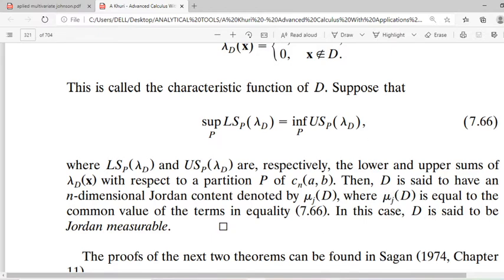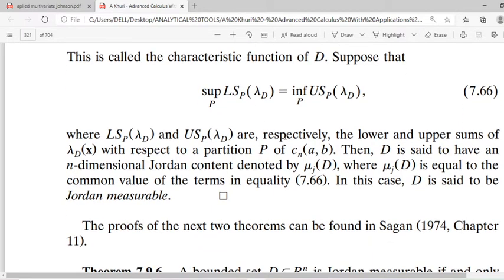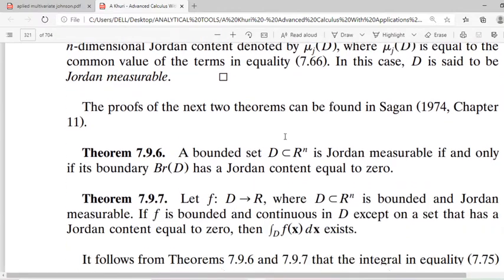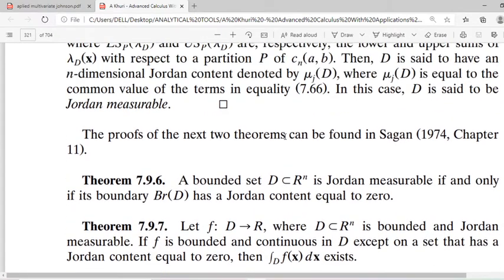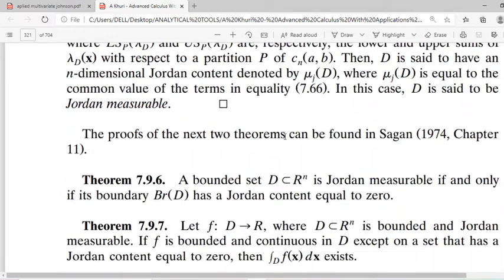This common value, this area, is usually called Jordan content. In this case we can say that D is Jordan measurable. So just think about the Jordan content and Jordan measurability.